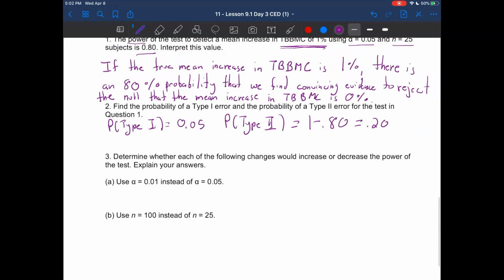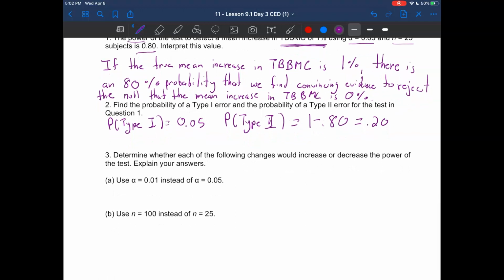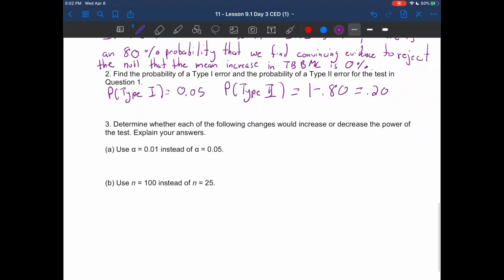And then for question number 3, determine whether each of the following changes would increase or decrease the power of a test. So I use an alpha of 0.01 instead of using 0.05. We know that it would decrease the power if we decrease our alpha.